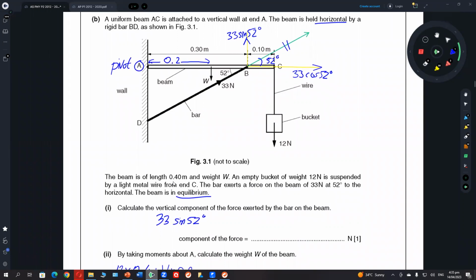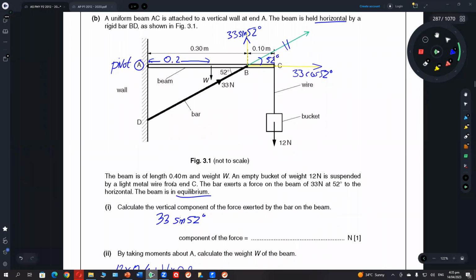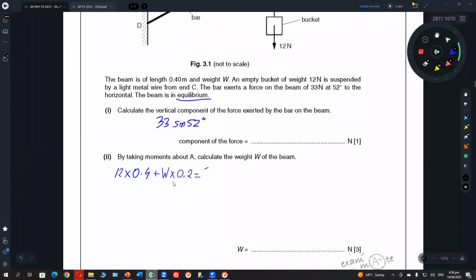Now, what about this 33 sin 52? This will be anti-clockwise, and 0.3 we will take.